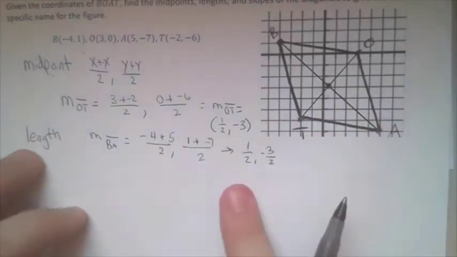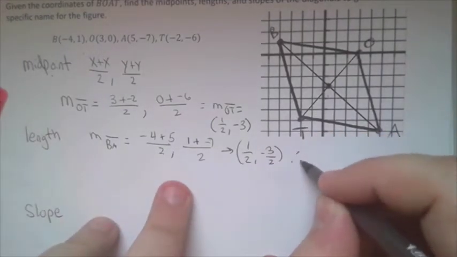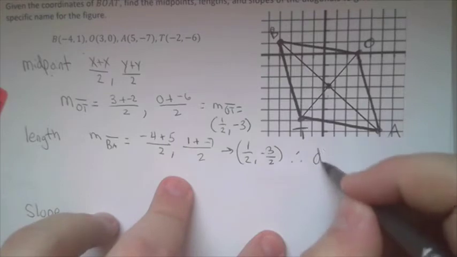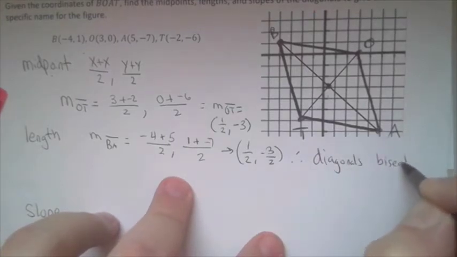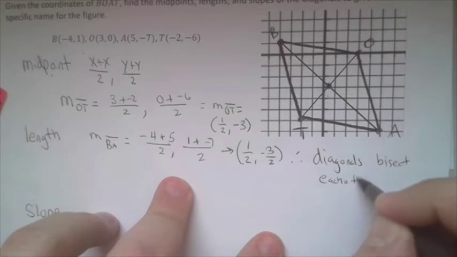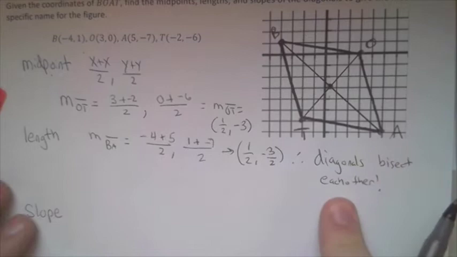Because these are the same exact midpoint, therefore, diagonals bisect each other. All right, so we know it's at least a parallelogram.